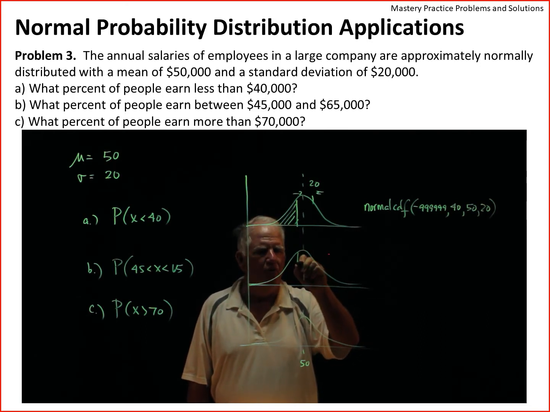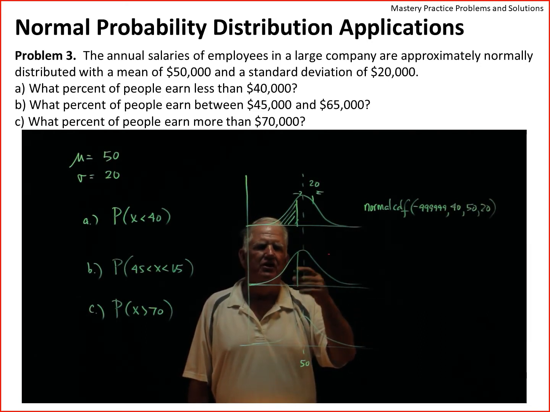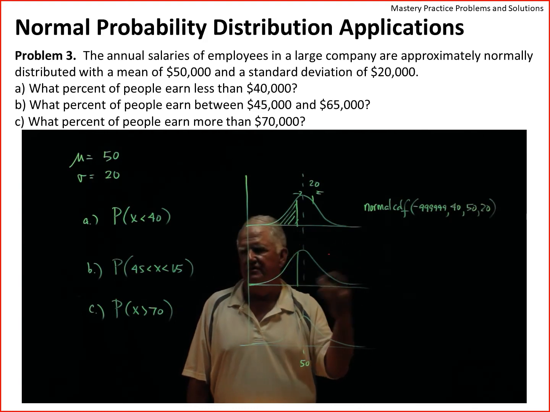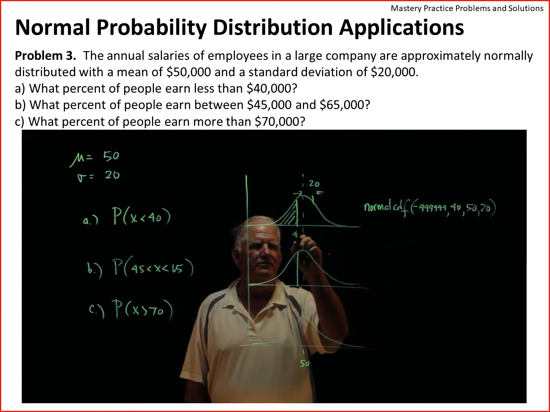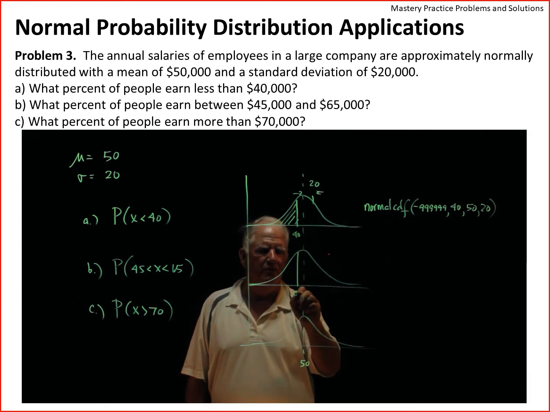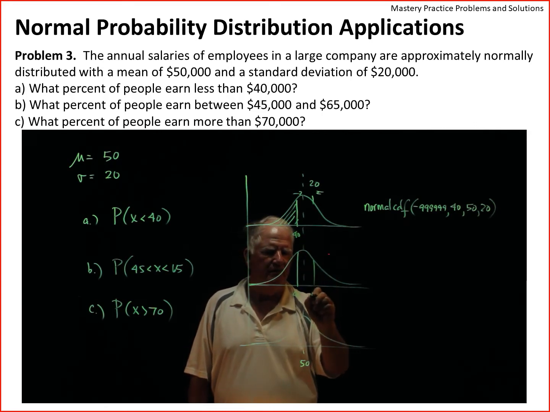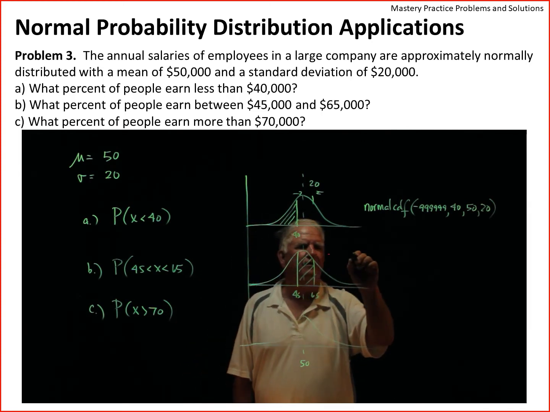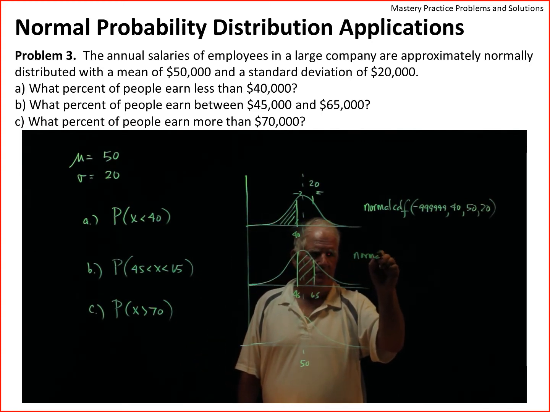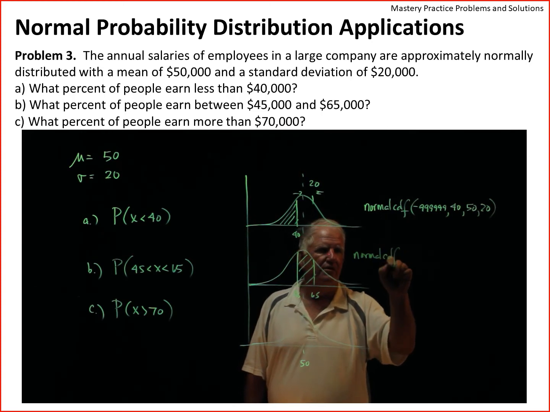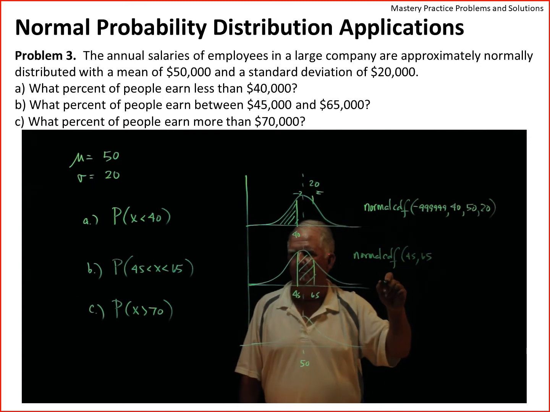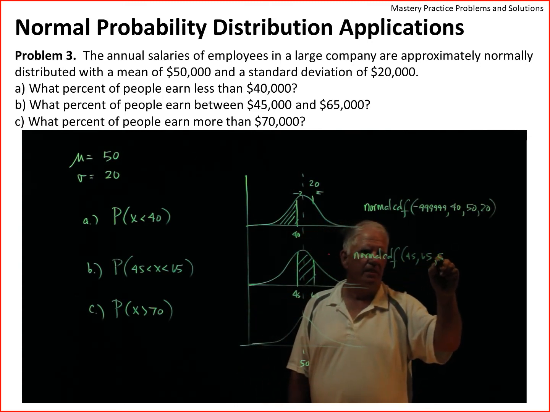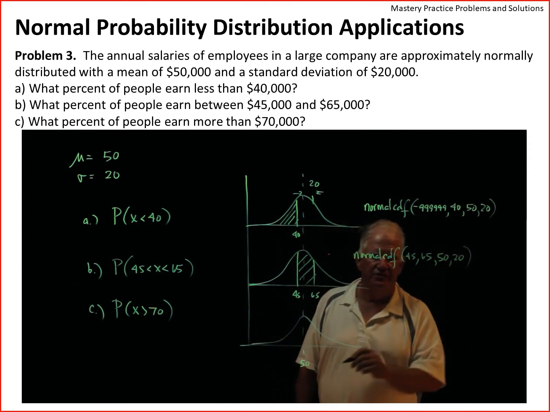We're looking for the percentage of employees, if you will, who have a salary between 45, this is 40, this is 45, and 65. Okay? How do we do that? Normal CDF, lower bound is 45, upper bound is 65. Use 50, sigma is 20.